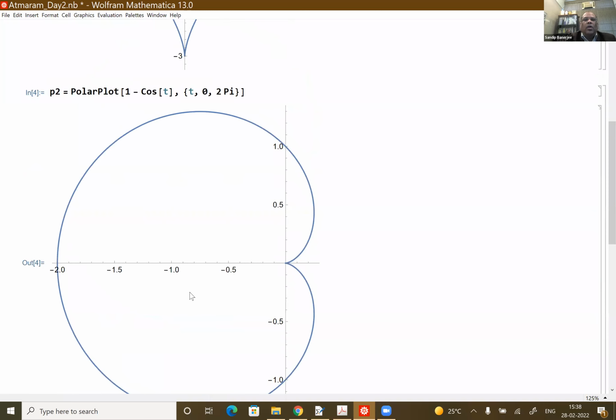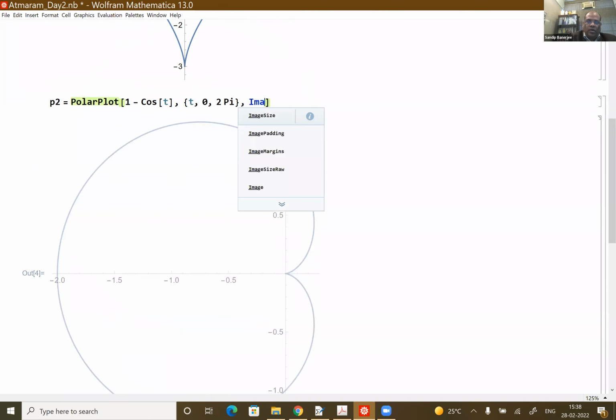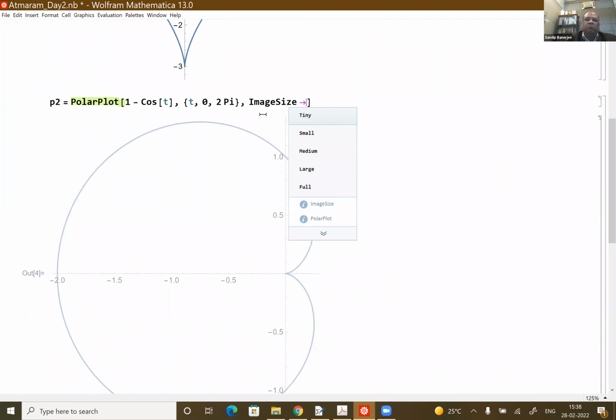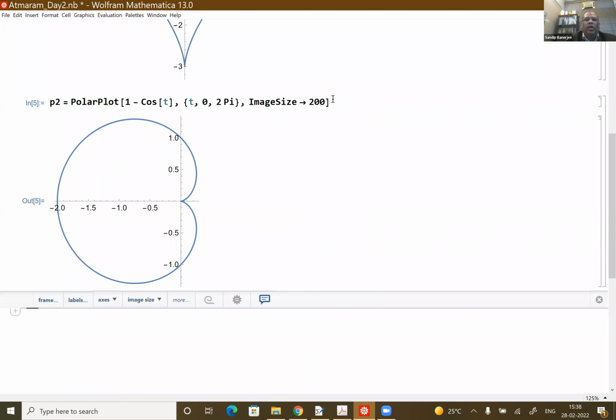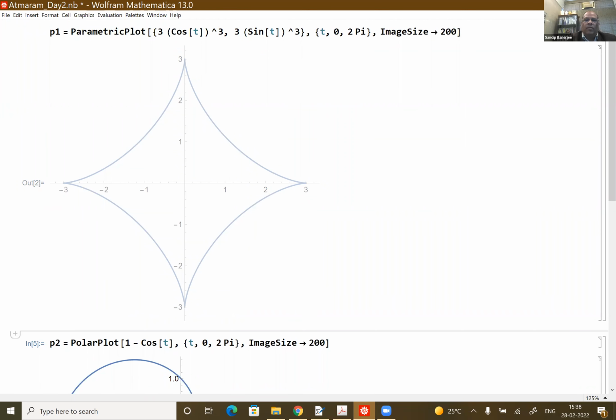Okay, you can control the image by typing image size. I don't know how much is this, but let's see, I think 200. Okay, now it becomes small. Yeah, so this also can be controlled by something called image size.